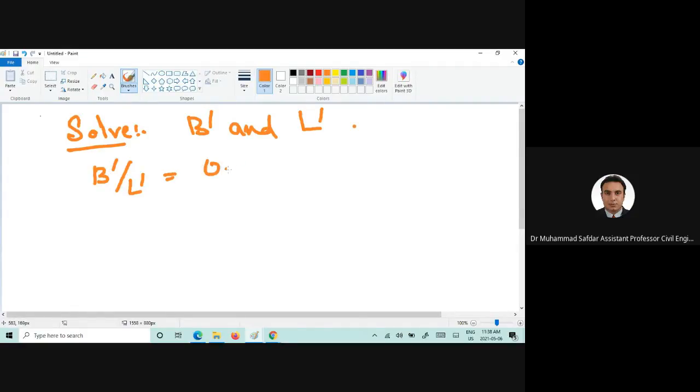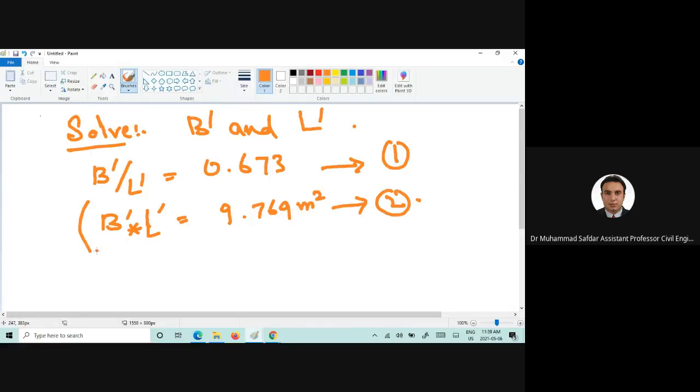We already know that the ratio is equal to 0.673, and we can call that equation number 1, and we can also say that B prime into L prime, which is the area, okay, is equal to 9.769 square meter.